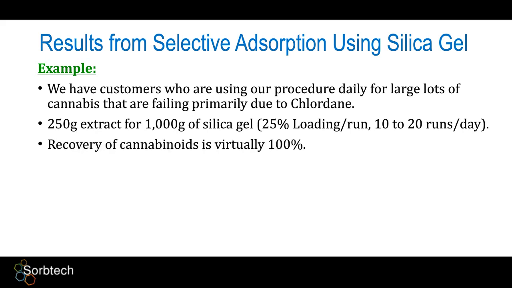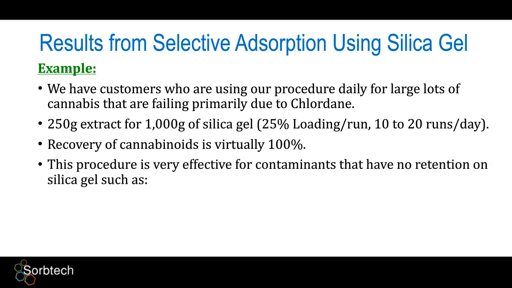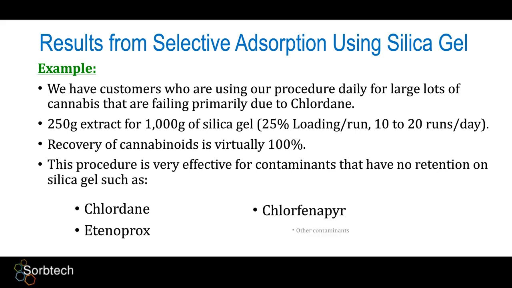They're getting 10 to 20 runs per day, depending on how long they want to work. And they recover virtually 100% of their cannabinoids, so they're not losing what they're after in the first place, the valuable cannabinoids. And this procedure is very effective for contaminants that have no retention on silica gel, such as chlordane, etoxazole, chlorfenapyr, and there's several other contaminants as well.